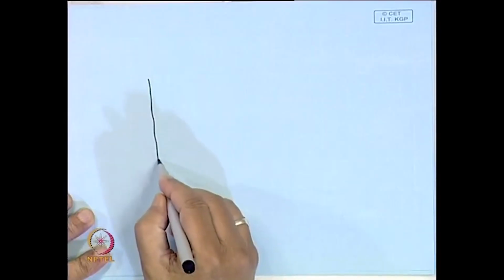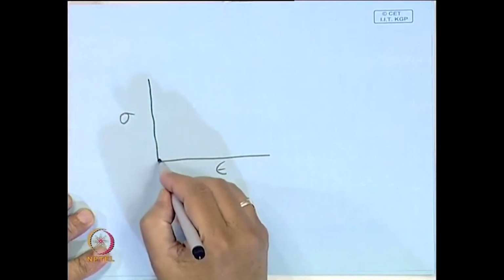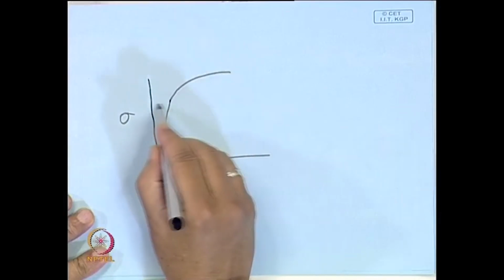And in the next class, we will look at how this does this to deform the crystal, what is the level of stress that you need. And we have seen in a polycrystalline material, we have looked at the stress strain diagram, and we have seen that if you draw the stress and strain, you have this elastic deformation, then you have that plastic deformation.